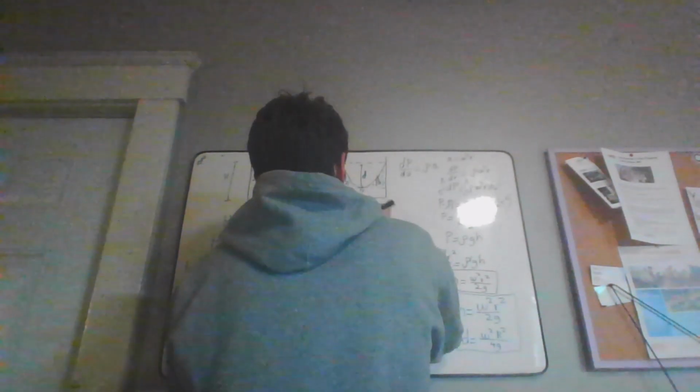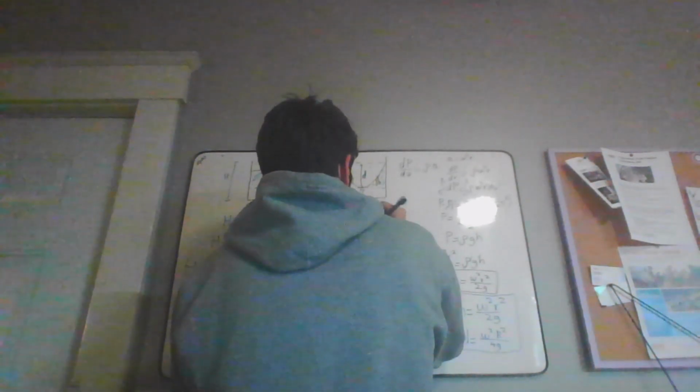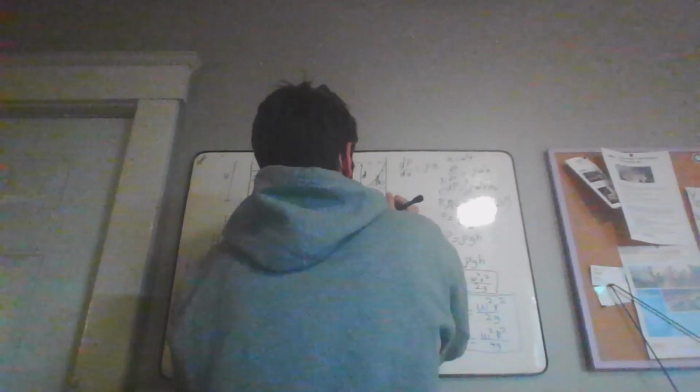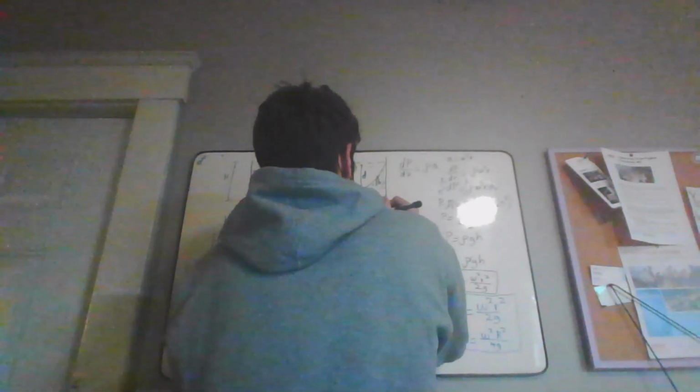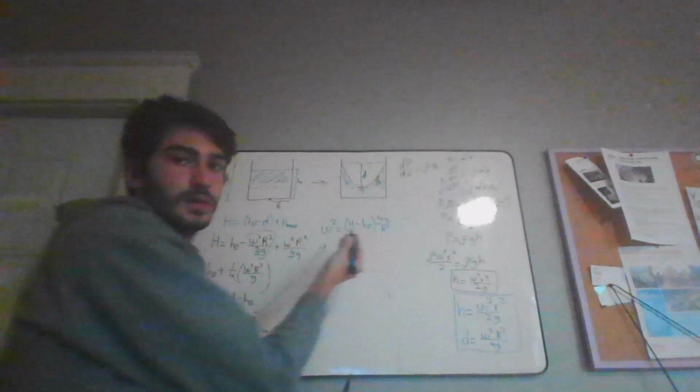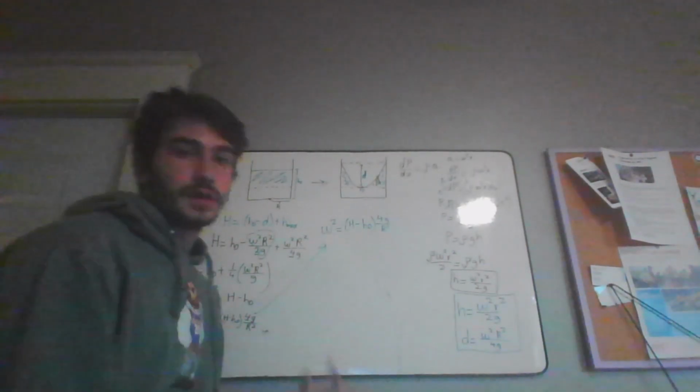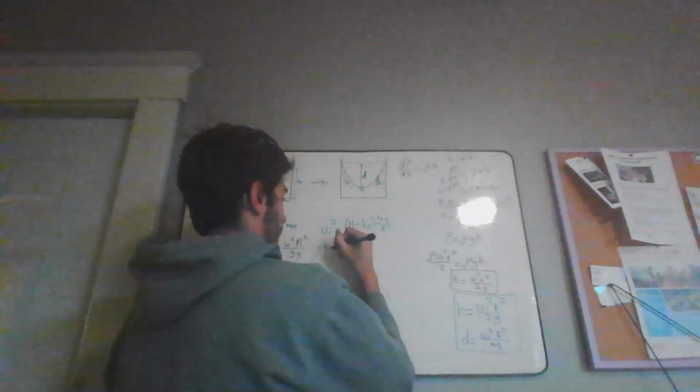We have angular momentum squared is equal to capital H minus h sub naught multiplied by 4g over r squared. Right, and then now we only have to find the square root of both sides to get the angular momentum.